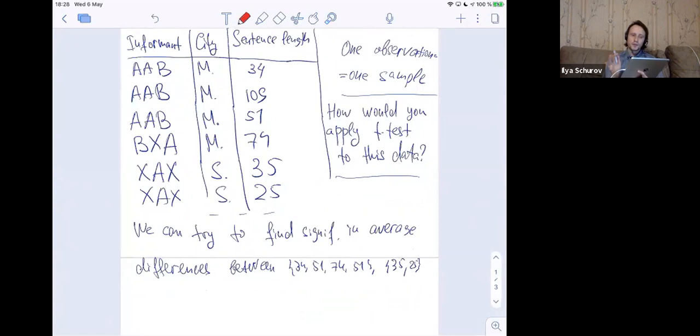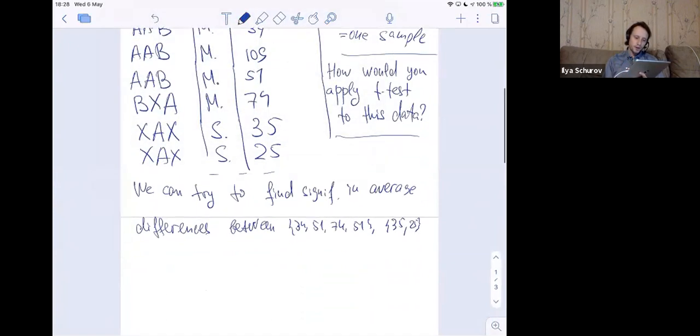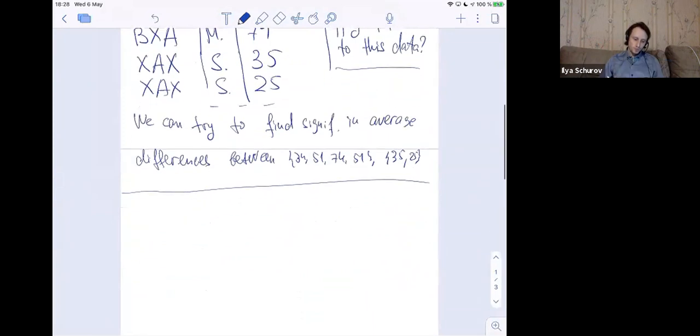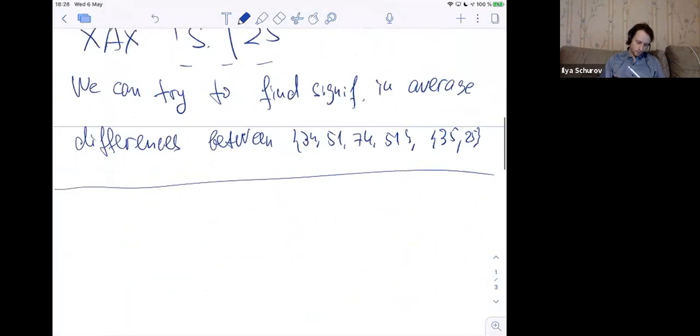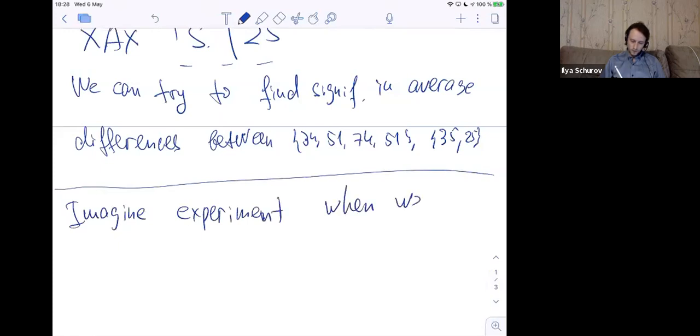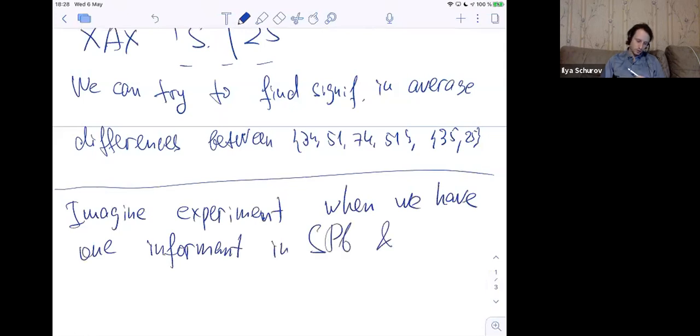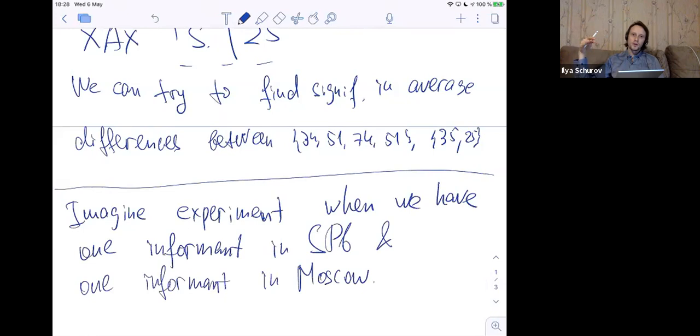Let us consider an extreme example. Imagine an experiment where I have only one informant from Moscow and one informant from St. Petersburg, and both informants created rather large texts containing a lot of sentences.